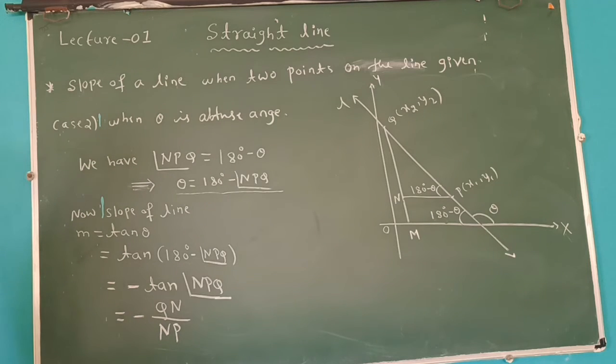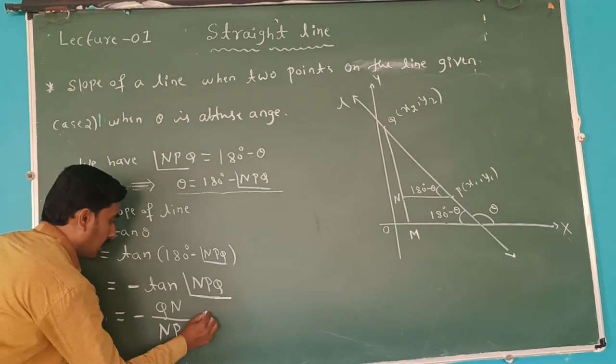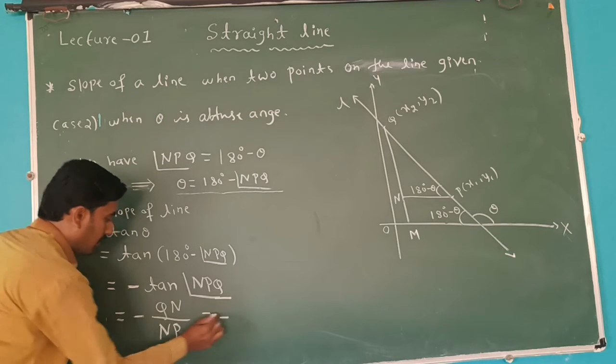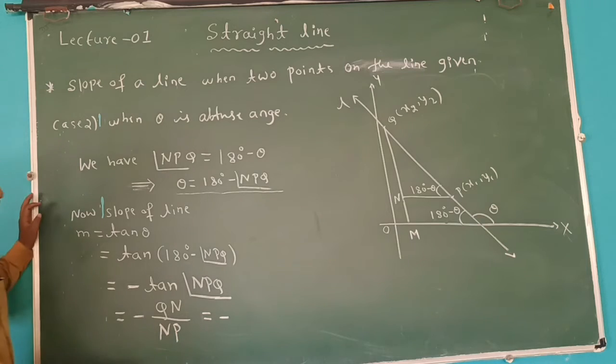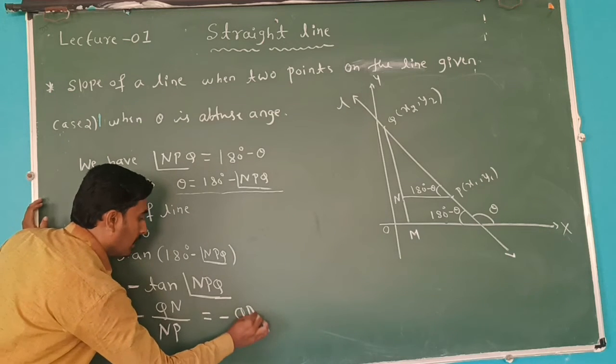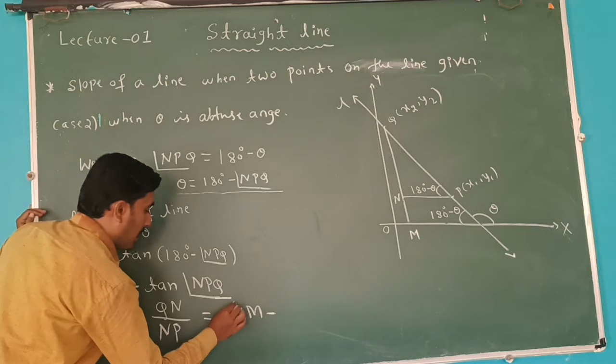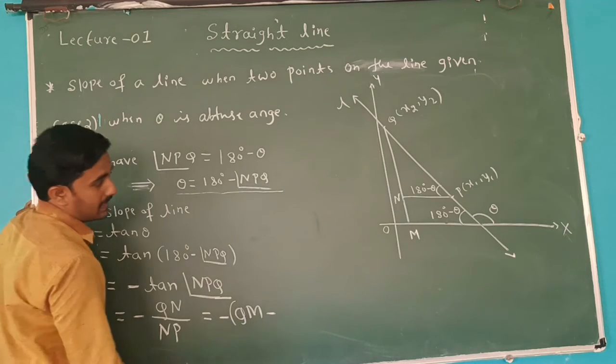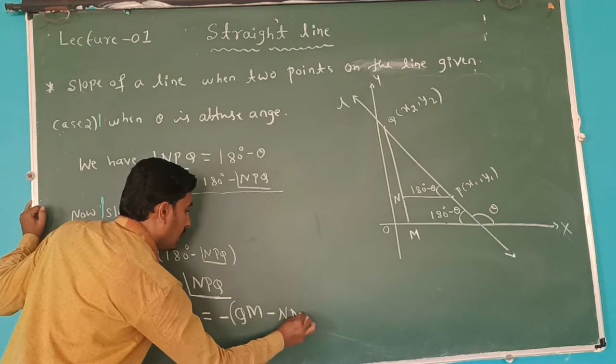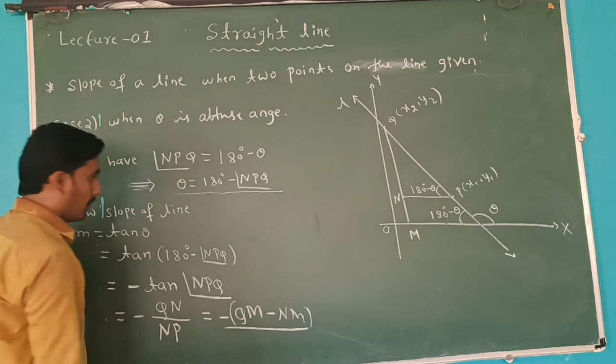We want the values here now. So this is equal to minus, QN can be written as QM minus NM, divided by NP.